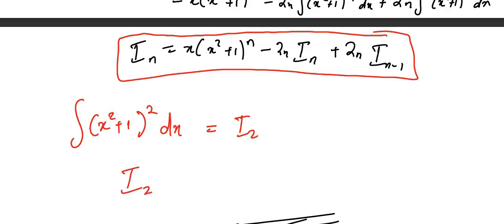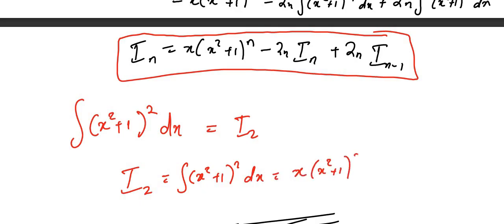This is just going to be I_2, which is the integral of (x squared plus 1)^2 dx, equal to x times (x squared plus 1)^2 over 3, plus 2n over 3 times the integral with this number reduced to 1. So that's just going to be the same as (x squared plus 1)^(n minus 1), so we'll put our 2 there, 2 minus 1, that's just a 1. So we have the integral of x squared plus 1 dx.